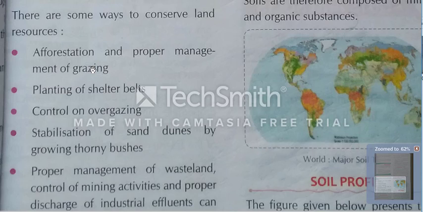Afforestation and proper management of grazing. So what is afforestation? Afforestation means we can say plantation.